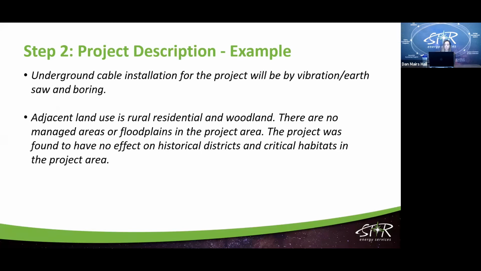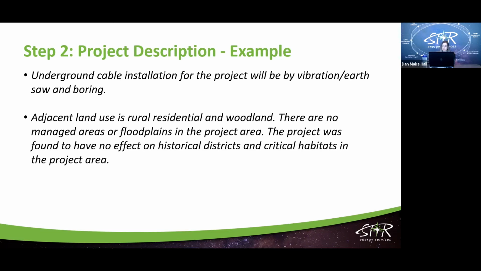Other parts of the project description that we need to identify is the method of construction. So for this one, underground cable installation for the project will be by vibration/earth saw and boring. If it was overhead, obviously that description would change.